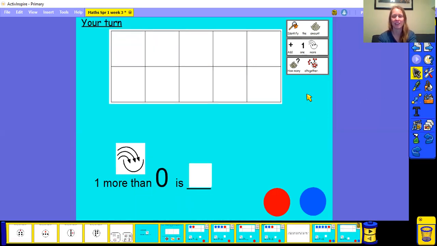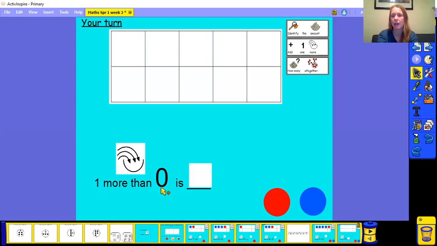Now it's your turn. Have a go. Pause the video while you have a turn. Okay, now let's do it together. This time it says 1 more than 0 is, so the first number is the large number that we can see here.